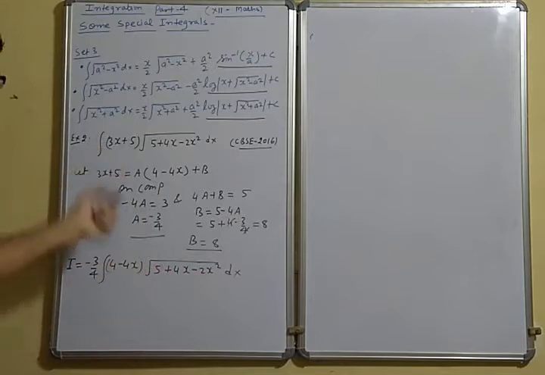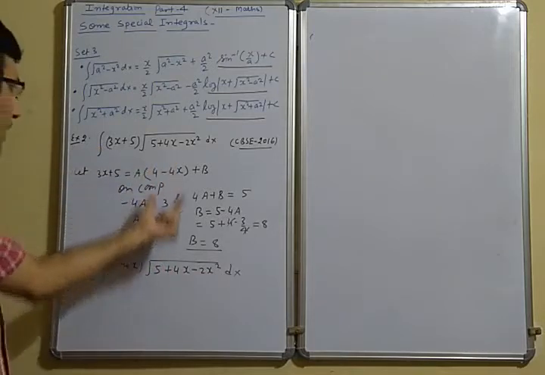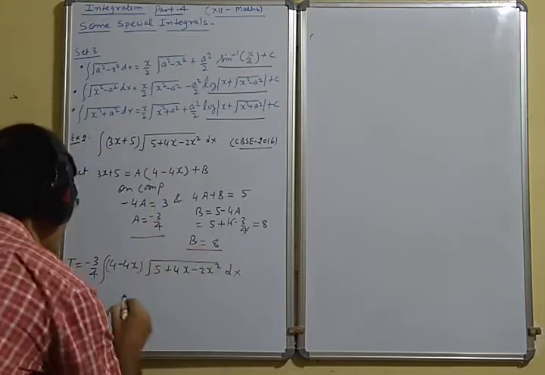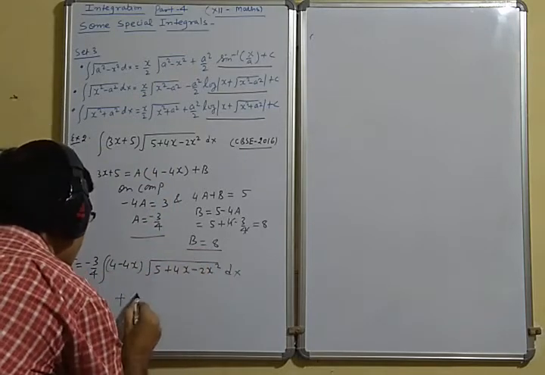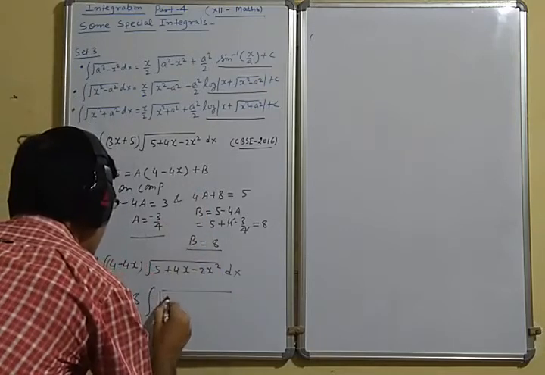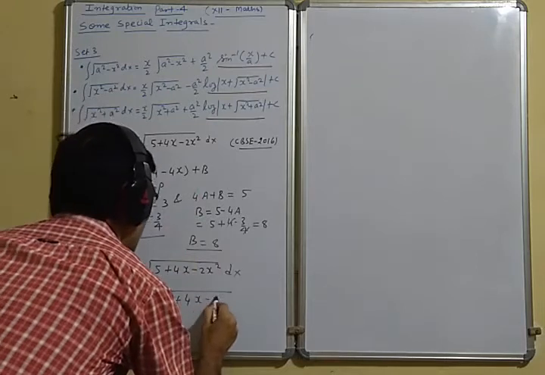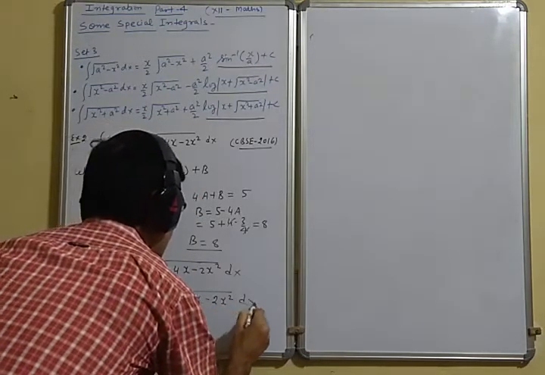This is minus 3 by 4, 4 minus 4x as it is dx, plus b is 8 times integration under root 5 plus 4x minus 2x square dx.